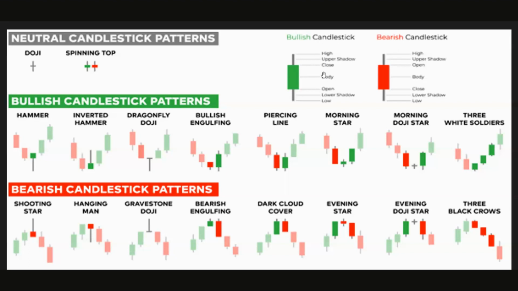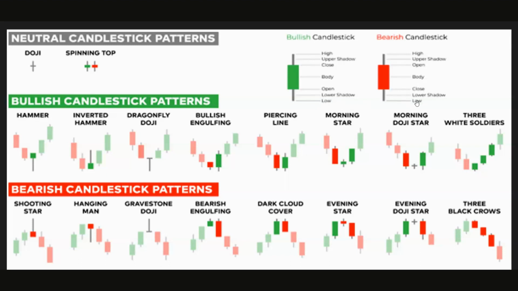The four things that we're looking at when it comes to a candlestick are your high, your low, your close, and your open. The high and the low don't change whether it's a bullish candlestick or a bearish candlestick. The high is the highest price for that time period. The low is the lowest price for that time period.